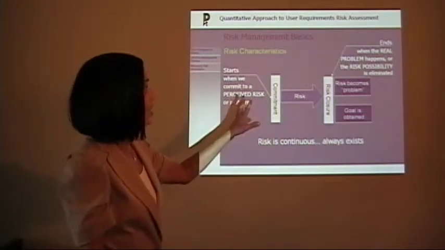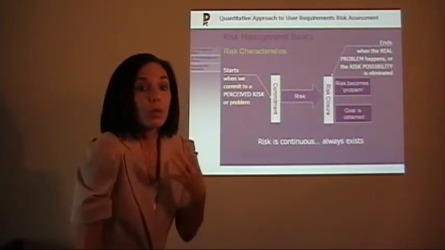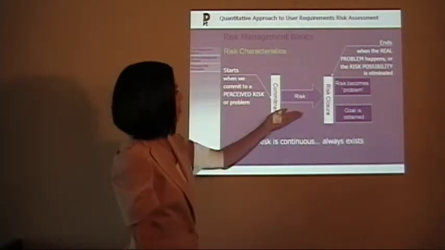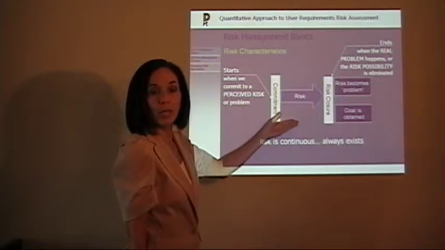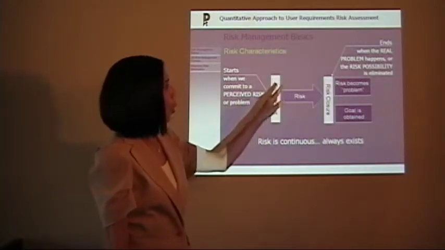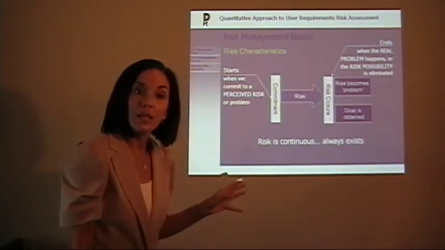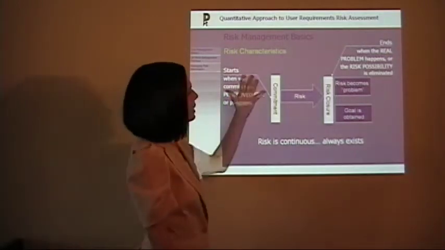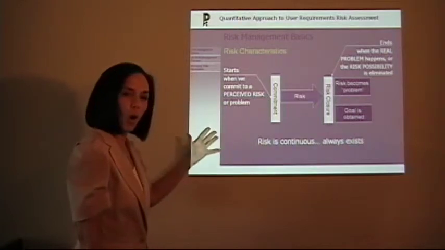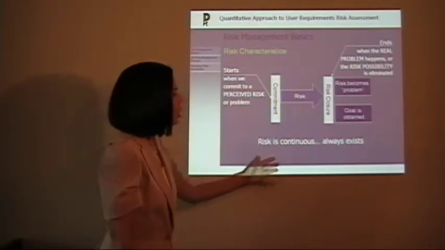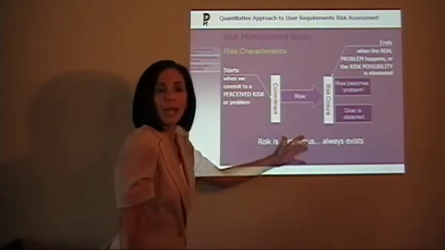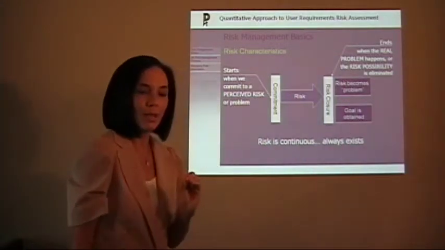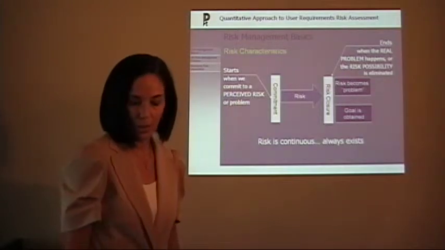It ends when all of the problems of the risks that that system brings to our organization happen, or we eliminate the possibilities of that risk, or we retire the system. And while the system is in operation within our organization, it's a continuous cycle of the possibilities of risks actually becoming problems.